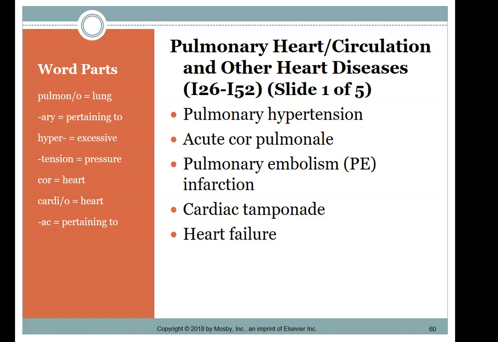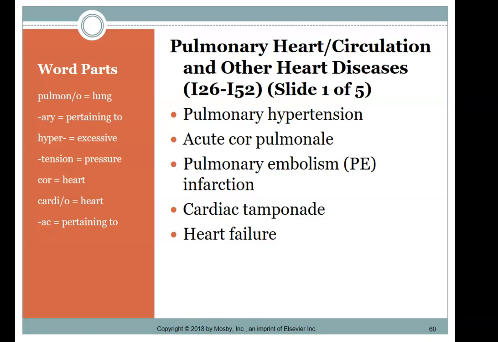Then you've got cardiac tamponade. A cardiac tamponade is the compression of the heart due to buildup of fluid in the pericardium. And then heart failure is the inability of the heart muscle to pump blood efficiently so that it becomes overloaded. The heart enlarges with unpumped blood and the lungs fill with fluid.